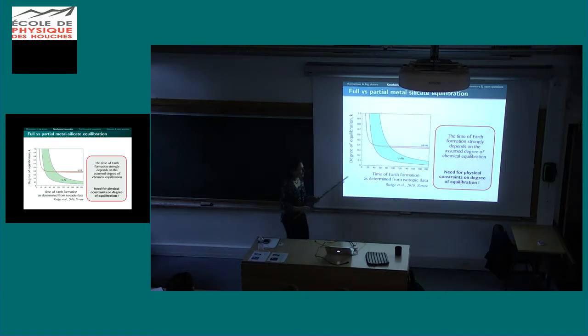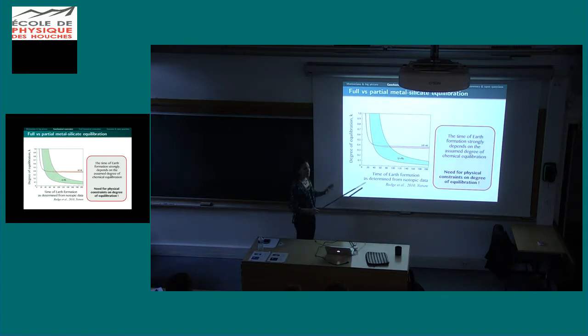What you see on this graph is that if you take hafnium tungsten, for instance, with a degree of equilibration of 1, which is basically what people have assumed so far, meaning the entire mantle equilibrates with the core, you have an age of about 20 million years. But if you don't know the degree of equilibration, you can have an age that goes to almost infinity. So you have no constraint on the timing of Earth formation anymore.